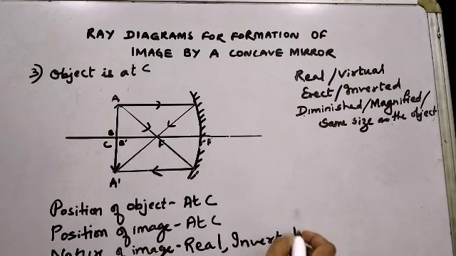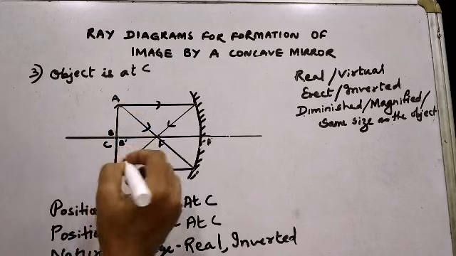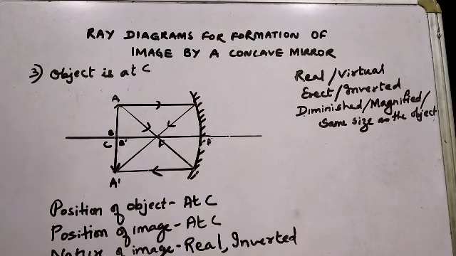So the image is real and inverted. And size of image. If you measure the size of the object and the size of the image, you will see that the size of the image is the same as the size of the object. So in this case, the image is of the same size as that of the object.